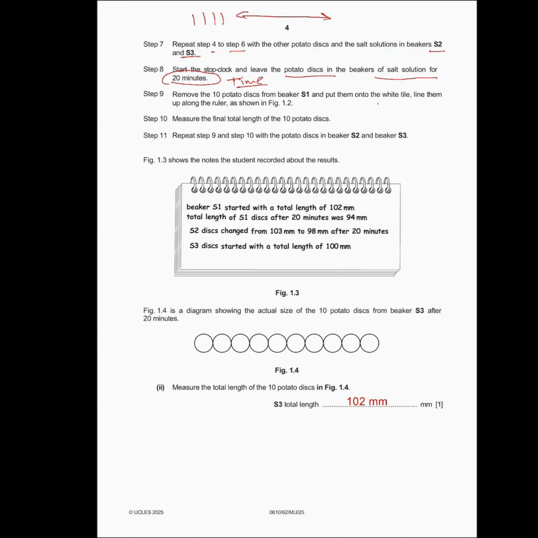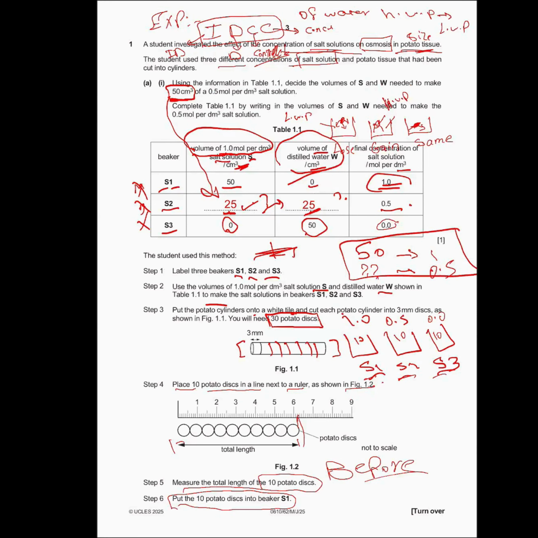After 20 minutes, when you added the 10 discs of potato in each beaker, you're going to do what? You're going to remove them, clean them or dry them, and line them along a ruler, the same like this step.